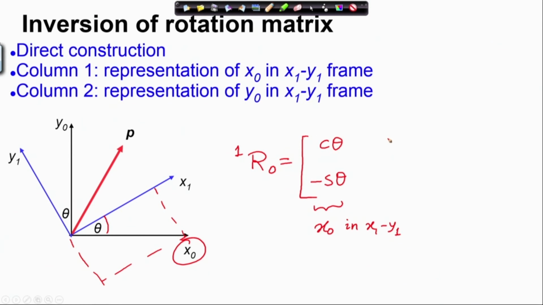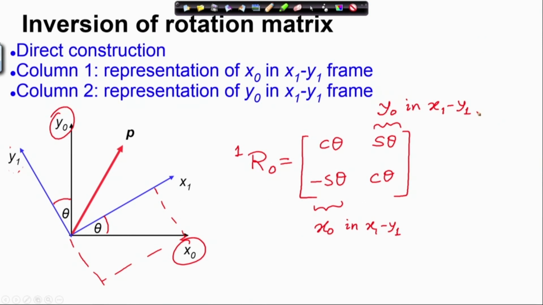The second column is the representation of y 0 in x 1 y 1. Now, this angle being theta, I must have sine theta and cosine theta. This is y 0 in x 1 y 1.